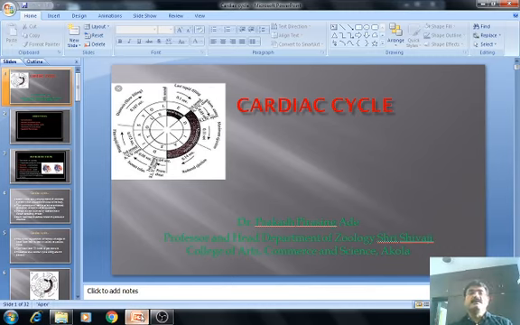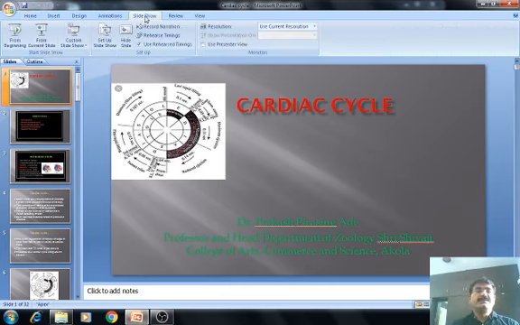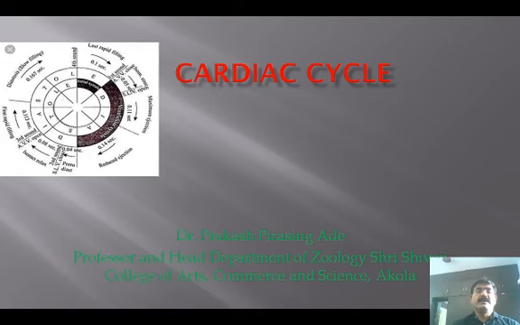As we already know, the heart of human beings continuously undergoes beating, and repeated beating of the heart takes place. The beating time from one heartbeat to the another heartbeat is known as the cardiac cycle.